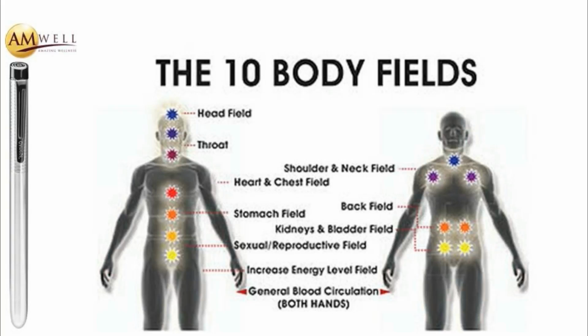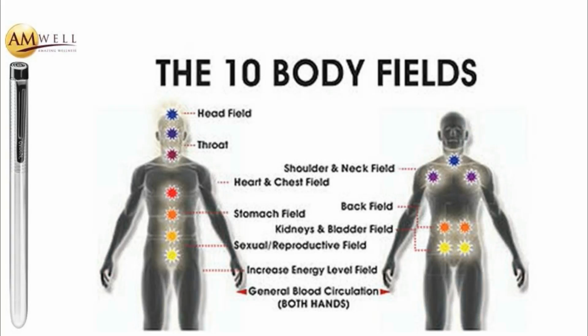All right. So you can also wand your head in a clockwise motion, your throat regularly in a clockwise motion, your stomach, your kidney, and the back and so on. These are some of the general areas you can also wand to improve yourself.